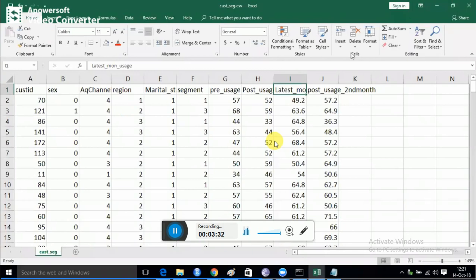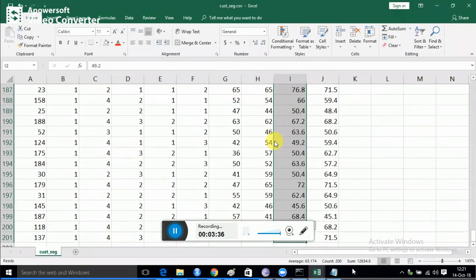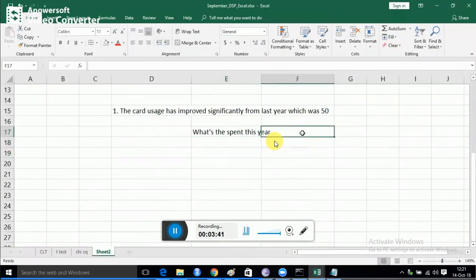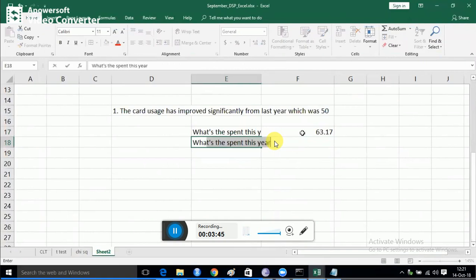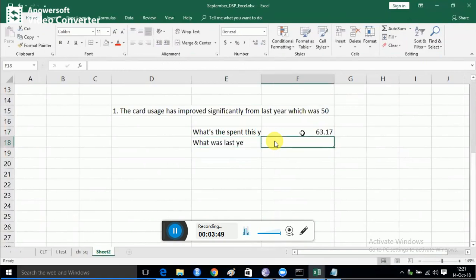Latest month. Fantastic. So what's the average of latest month here? We have got 63.17. What was last year? 50. What are we trying to prove here? Is this 63.17 significantly different from 50 or not?